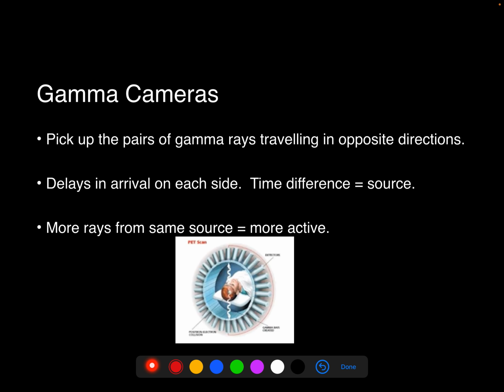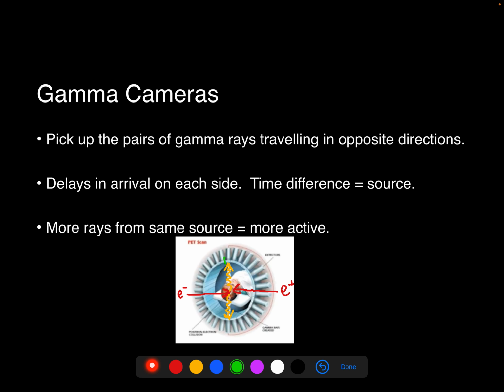So let's illustrate that a positron was traveling in this direction within the head, and an electron was traveling the opposite direction within the head also. They collide and they produce two gamma rays, which you can see illustrated by these squiggly lines here. There's one and there's the other.